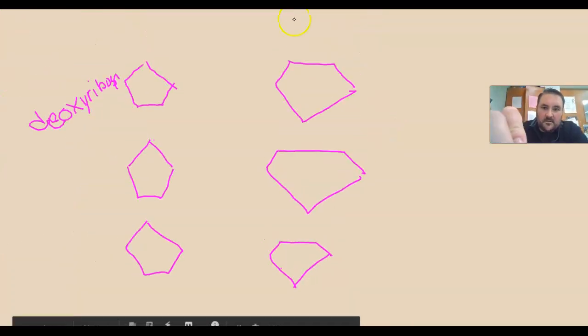So the pink here are my sugars. And then there are phosphate groups that hold this all together. This sugar phosphate makes up what we call the backbone of the DNA.